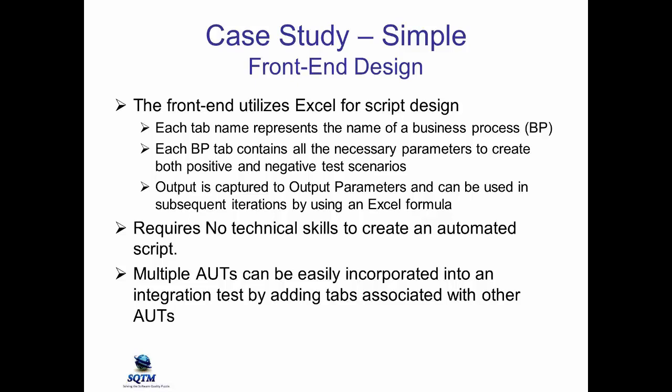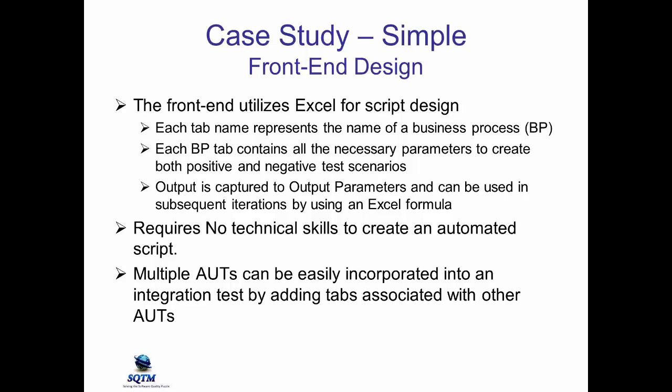Each tab represented a process. And at the top, the first row of each tab contained all the necessary parameters to handle both positive and negative scenarios in those tests. So however that process could be used, every field in the object was represented by parameters in the sheet. Okay, and we'll look at an example in just a minute.